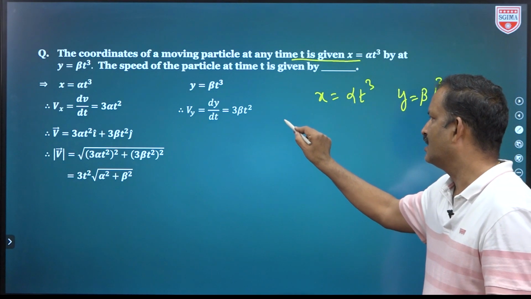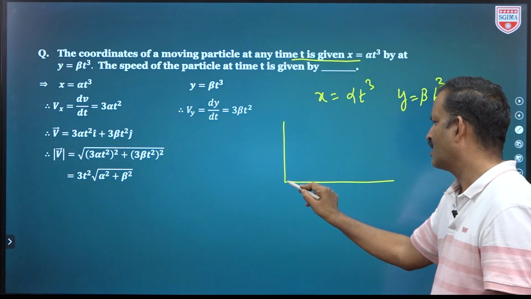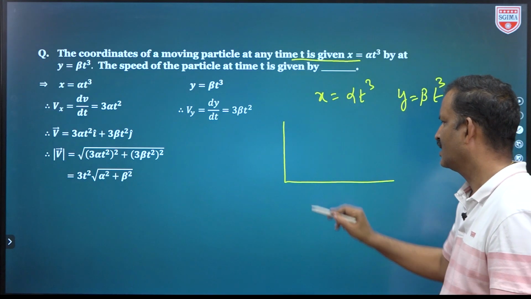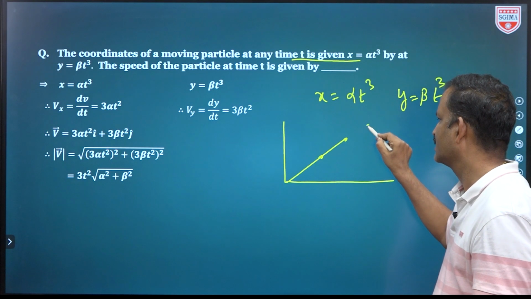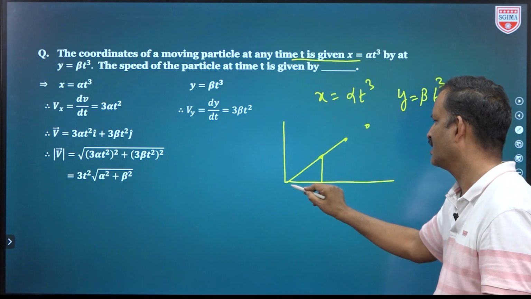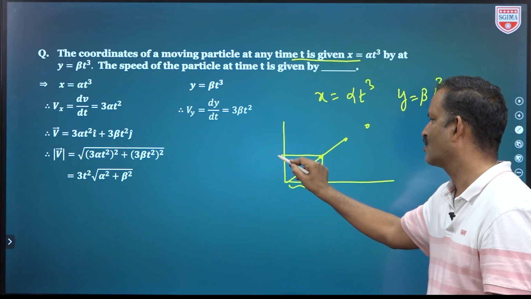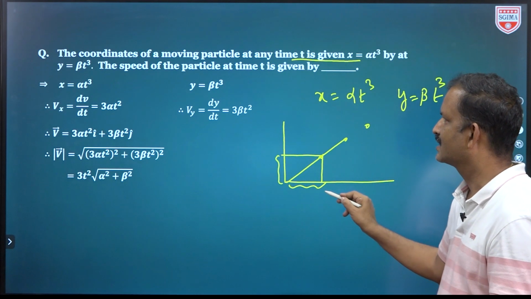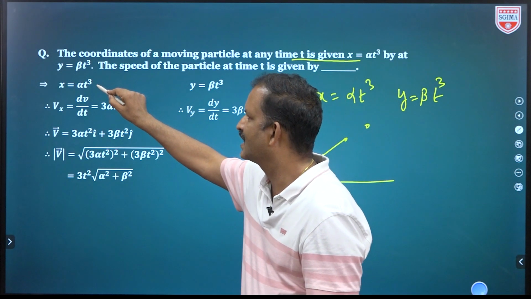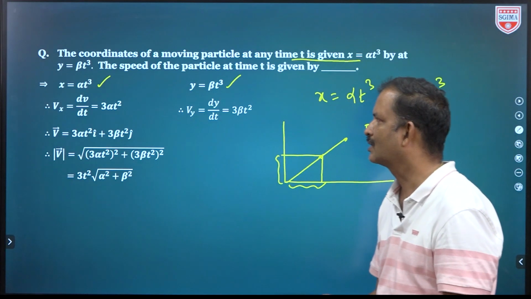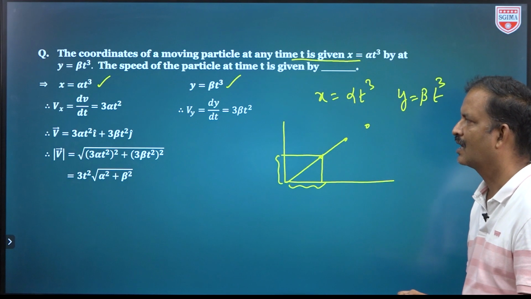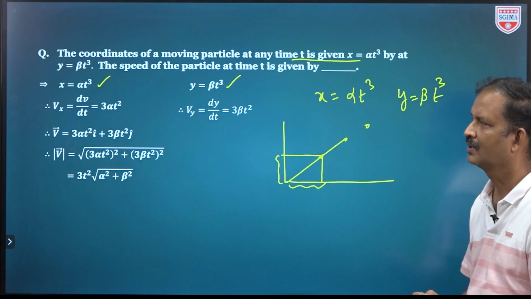That means it is not moving along one direction, it is moving in a plane. It has an x coordinate and it has a y coordinate. x depends on time as alpha t cube, y depends on time as beta t cube.